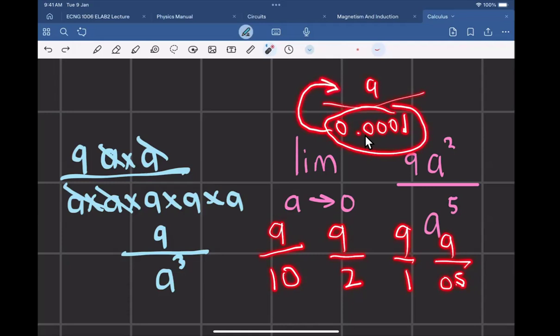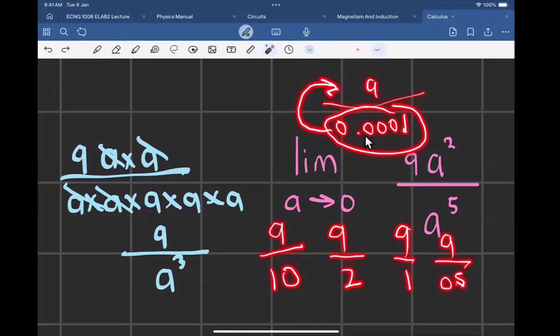Imagine you were saving money and every day you gain $1. How many days would it take you to save $9? 9 days. Okay, let's say you were getting 50 cents. How many days would it take you? 18.